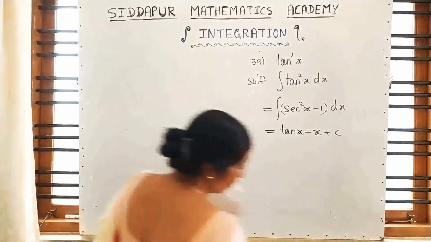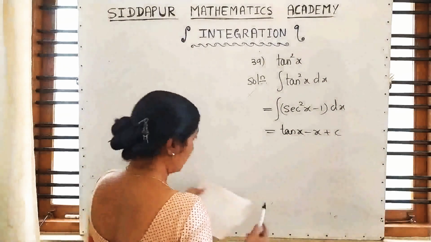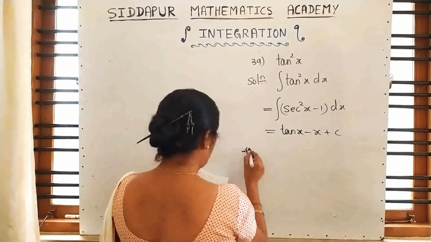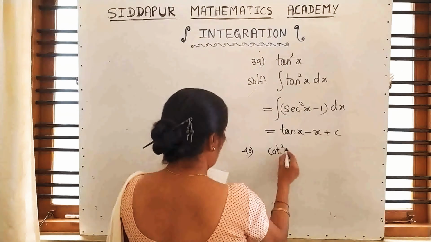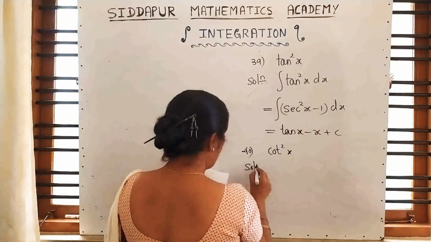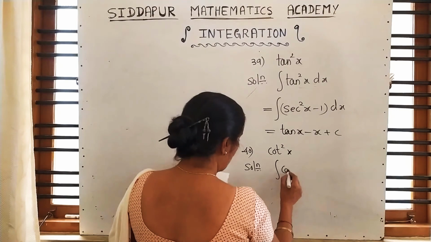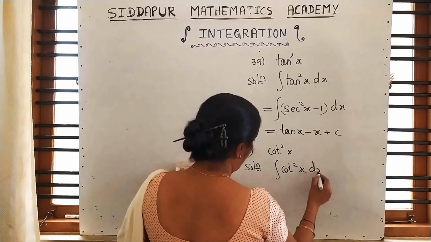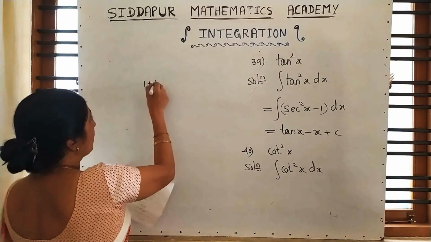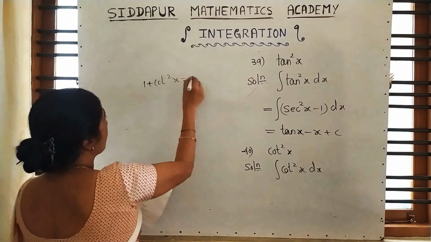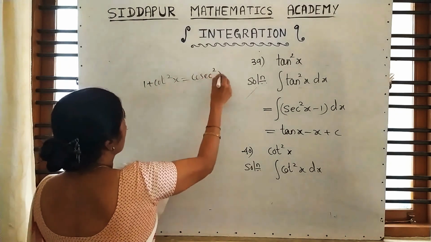Moving to the next question, that is question number 40. Cot square x. Here also we don't know the integration of cot square x. Again with the help of identity. So I will write that identity here. 1 plus cot square x is cosecant square x.